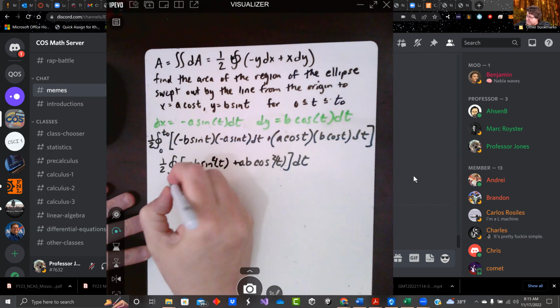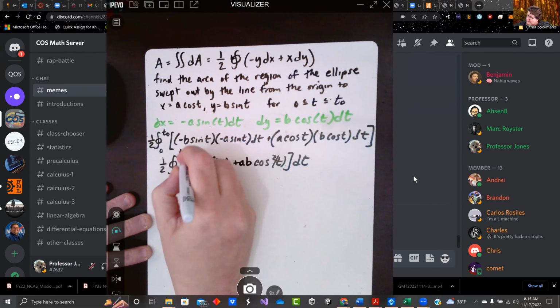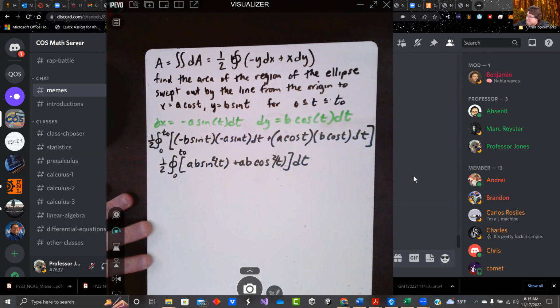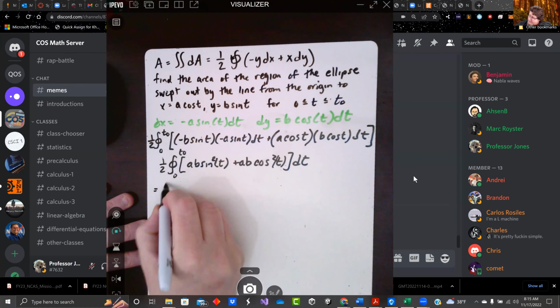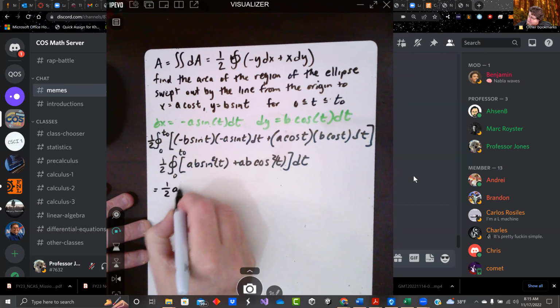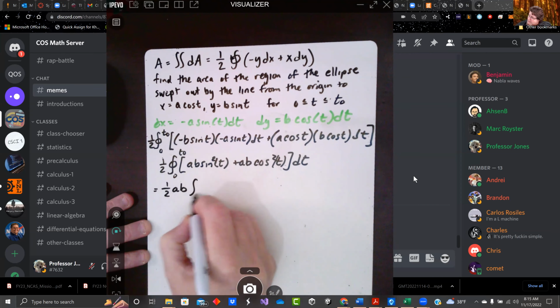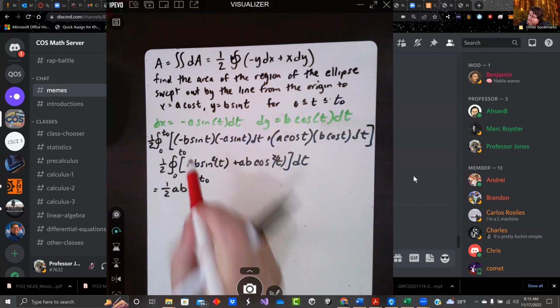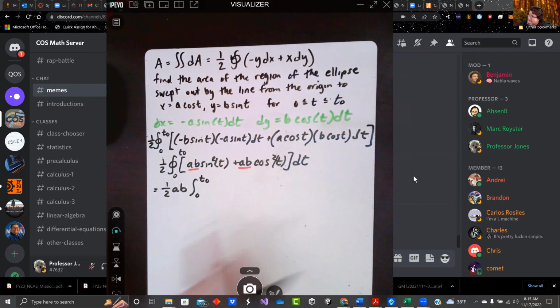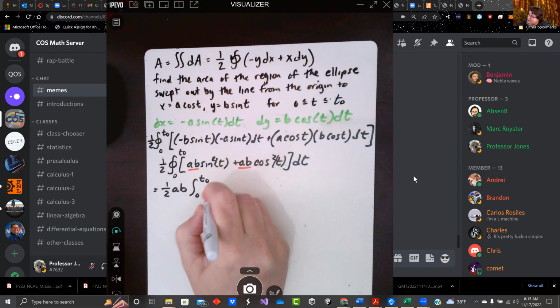And we're going still from 0 to t naught. And an astute mind will see we can factor out a and b, they are constants. And we're left with sine squared t plus cosine squared t, which is 1. So 1 dt.